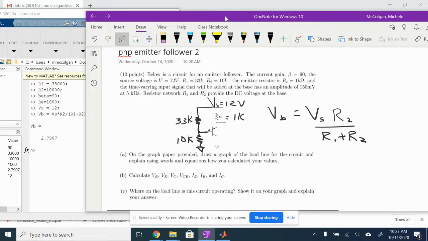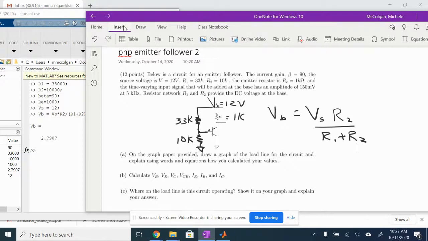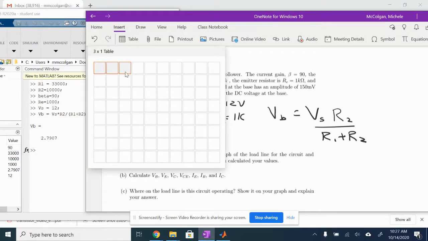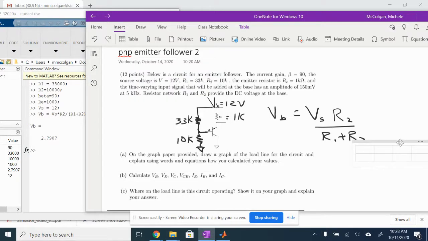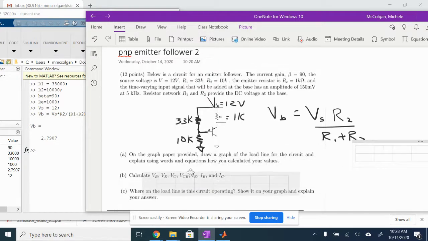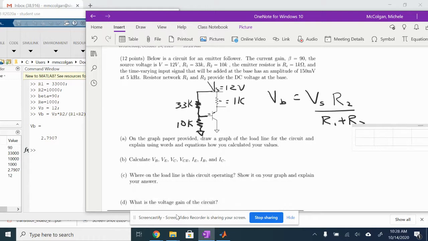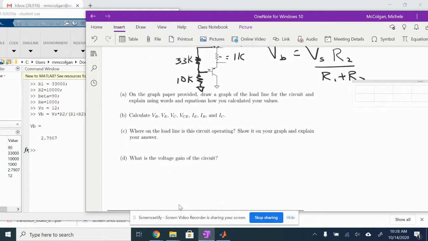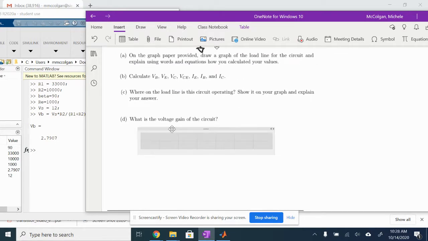So I can insert a table in here. I'm going to add this table in over here, and I'll put it in the voltage gain part.